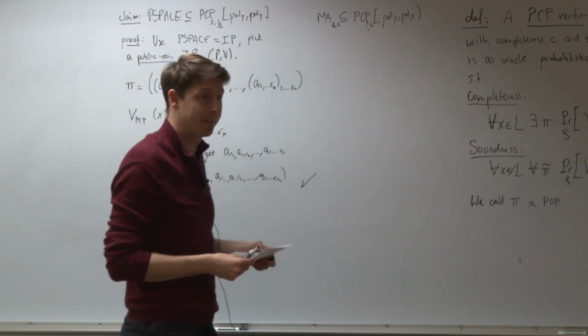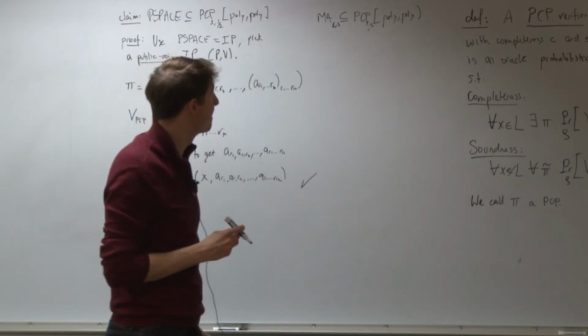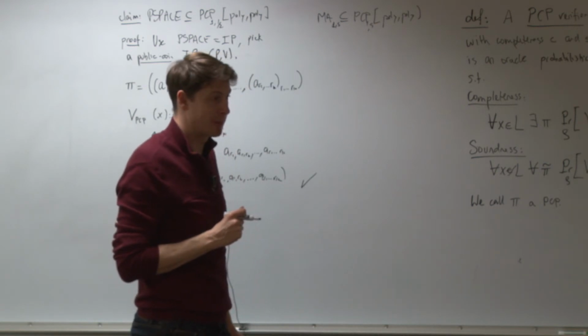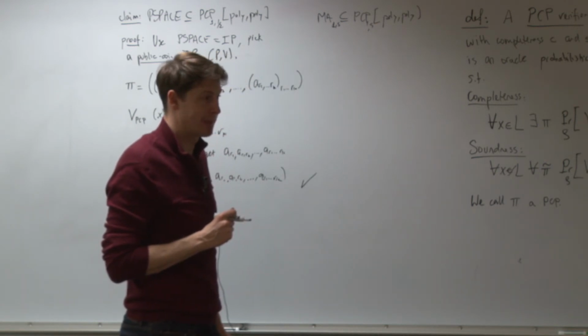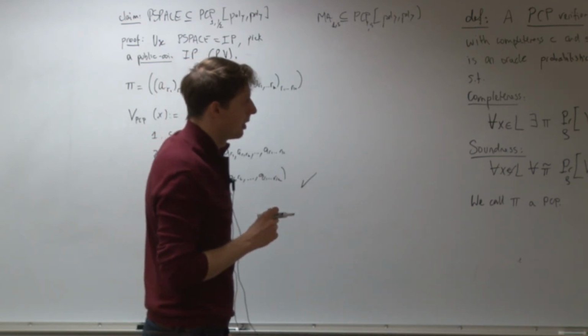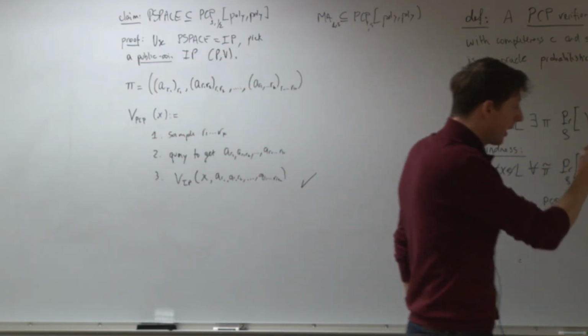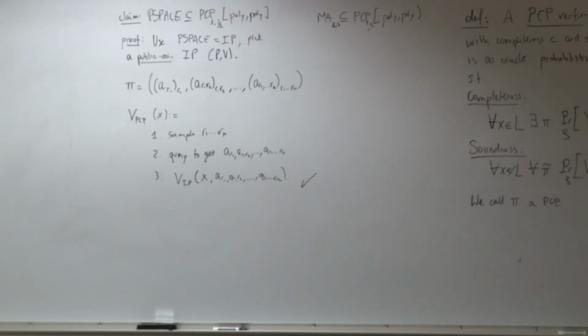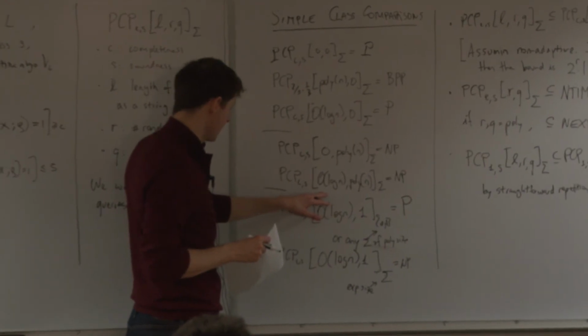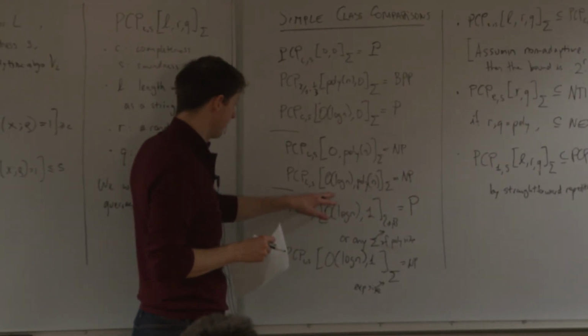My question maybe is whether there is something above PCP log n, poly n that is known to be contained in MA. Other than NP, because it's NP, right? You want to put log n? Yeah. So my question is whether there is some PCP, something higher than log n, poly n, that is contained in MA.